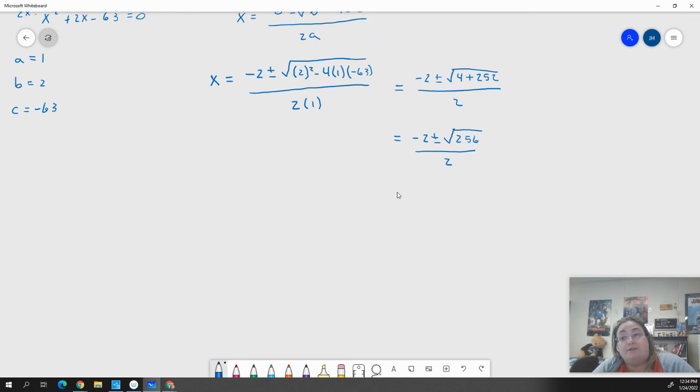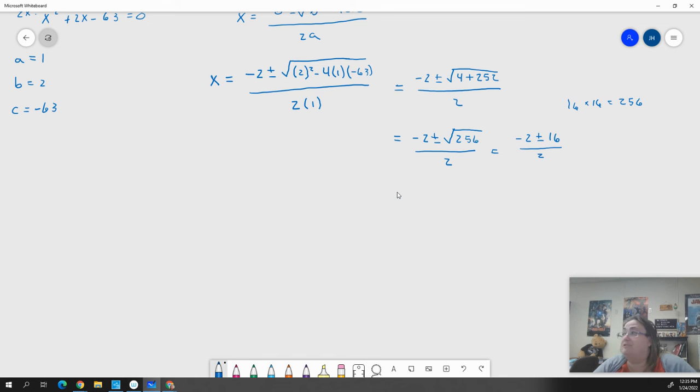It's not always going to be a perfect square. But in this instance, 16 squared, 16 times 16 equals 256, right? So I can pull this out as minus 2 plus or minus 16 over 2.